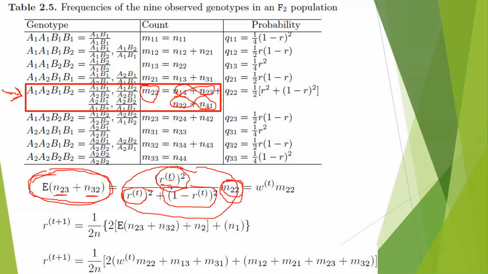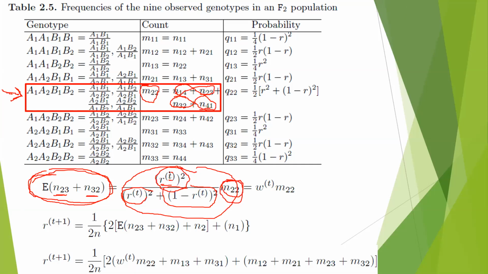If you start the iteration, at any time t, you have a realized value for R. Is that correct?